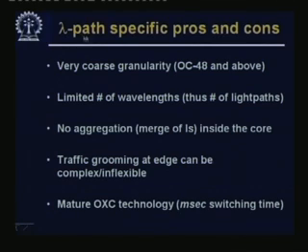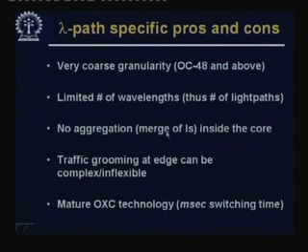And the particular lambda path specific pros and cons are that it has a very coarse granularity, as we have discussed, OC 48 and above. OC 48, if you remember, is about 2.5 gigabits per second, or above that. Limited number of wavelengths, thus limited number of light paths, no aggregation, that is merging of light paths inside the core.